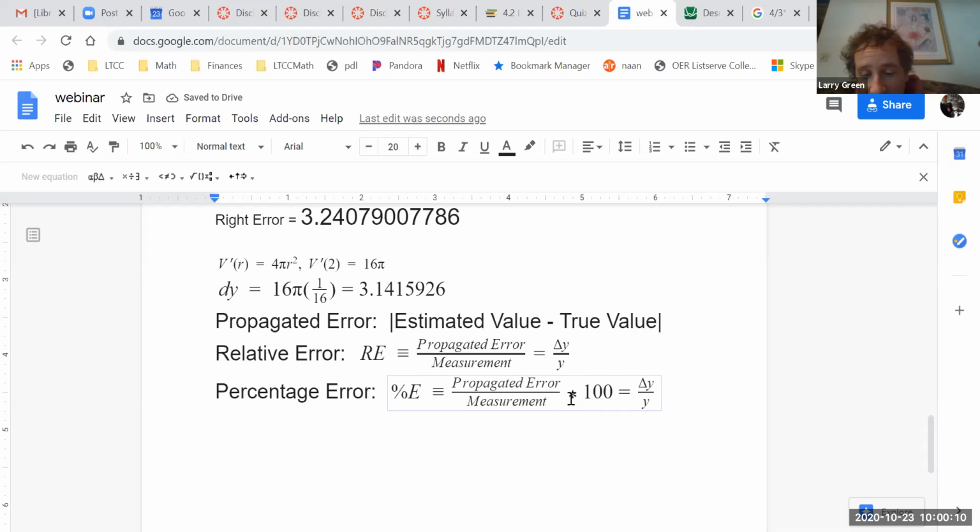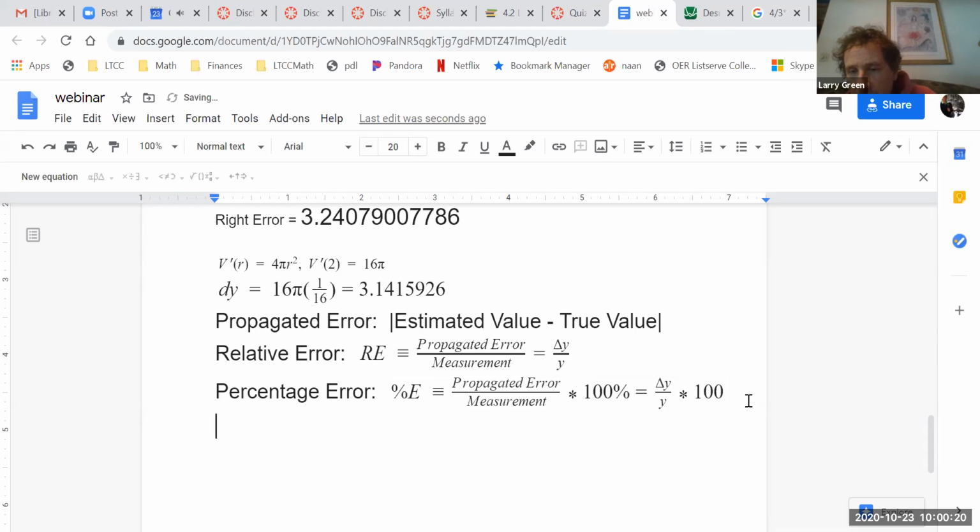Sometimes you'll put a percent there. A lot of people do that because what you care about is your percent error. Are you off by 1%? Are you off by 20%? There's a huge difference. Any questions on the idea? Any questions?